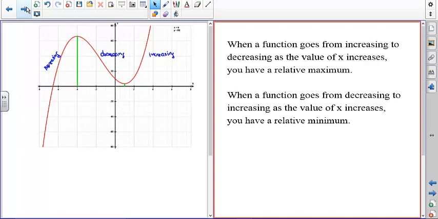So it's called the first derivative test because we're using the value of the first derivative to determine whether the function's increasing or decreasing, and if there's a change in that across a critical number. The second derivative test will use the second derivative to answer that question, but that's not till the next section.